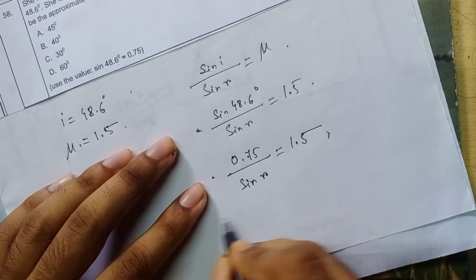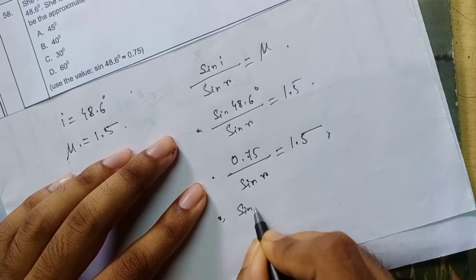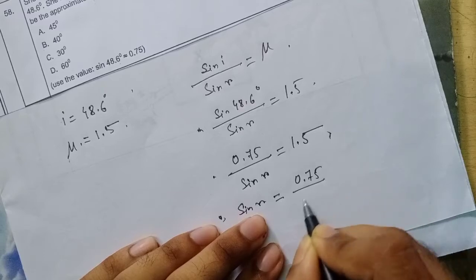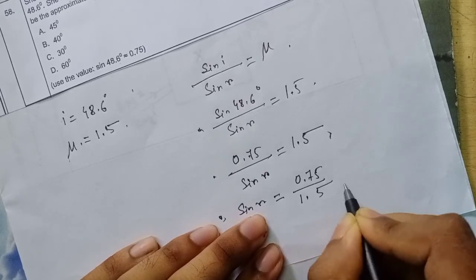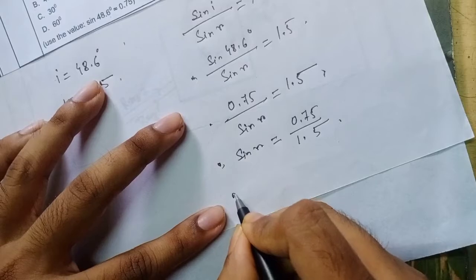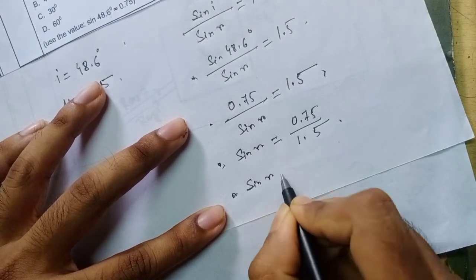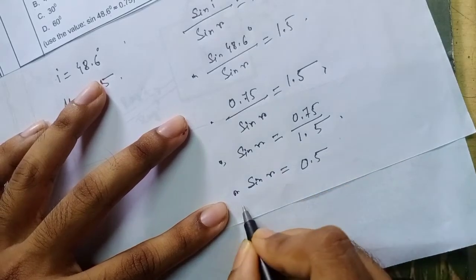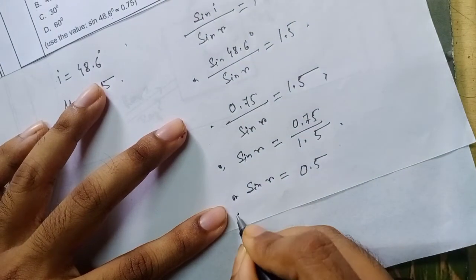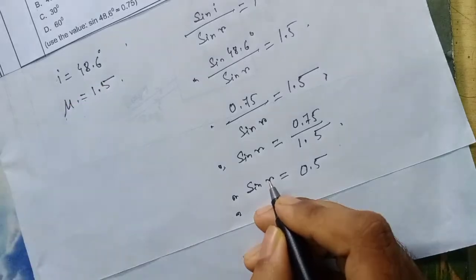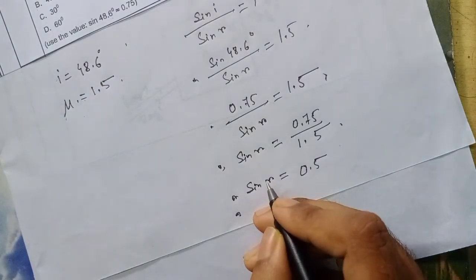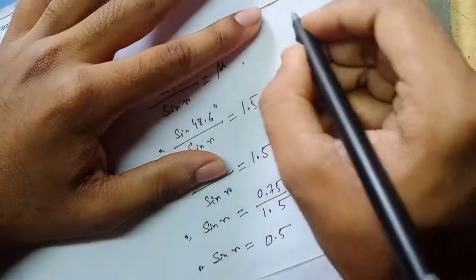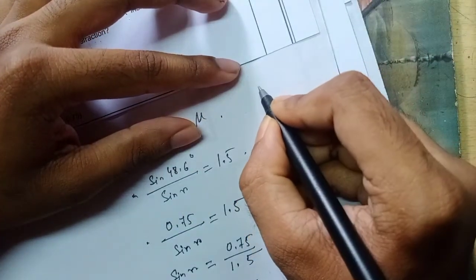Now sine of r equals 0.75 divided by 1.5, or sine of r equals 0.5. Now to find r we have to take the inverse. I think this is not in your syllabus, so I'm giving a bit of a hint.